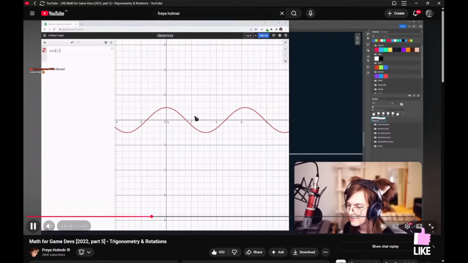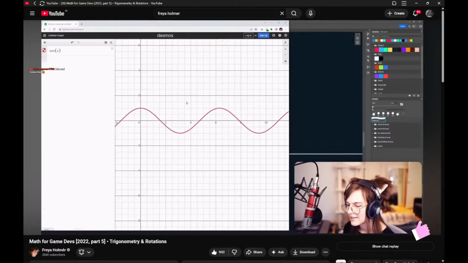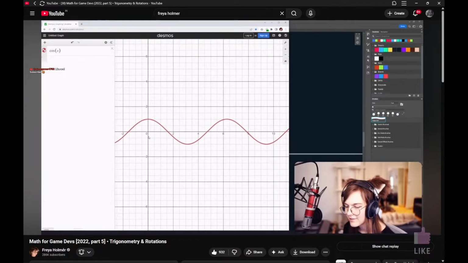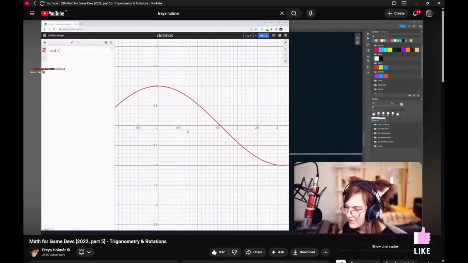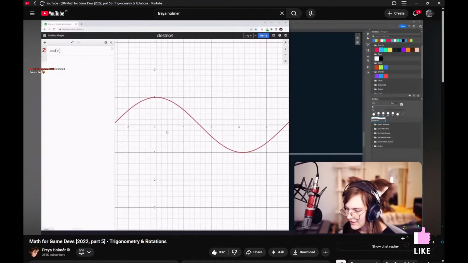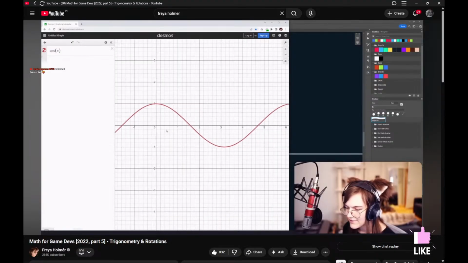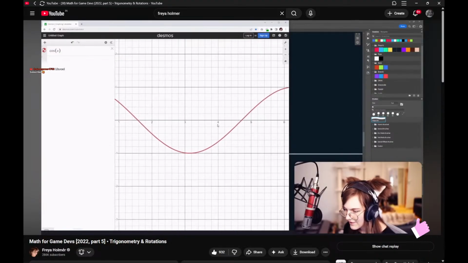You can now see that the function repeats itself. X is the input value, and the y coordinate is the output value. And so this is the cosine. If you look at the input values here, it goes 0, 1, 2, 3, 4.